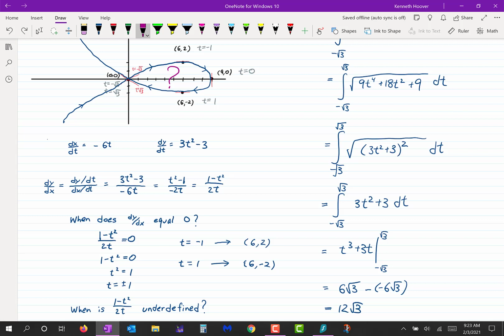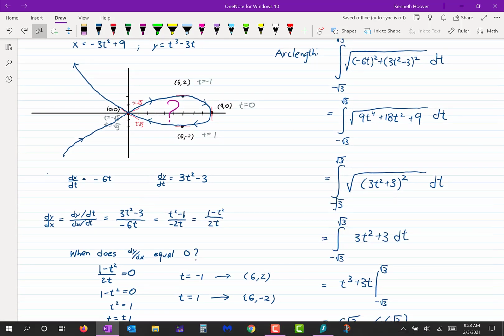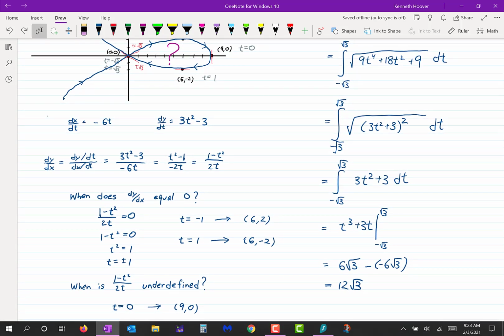Let's find the area enclosed by that loop. Okay, I'm going to erase that problem that we just did there. You can always rewind the video if you want to see it again.